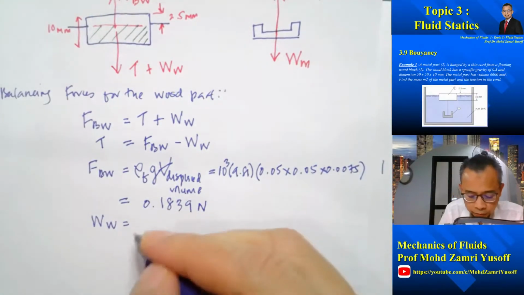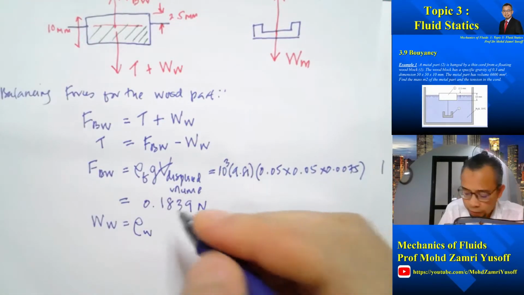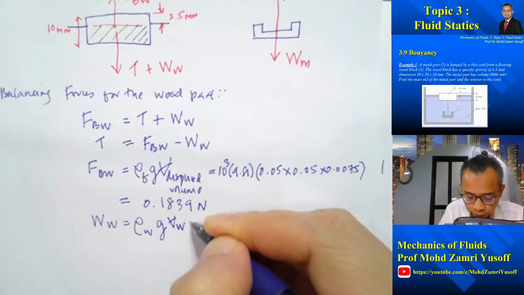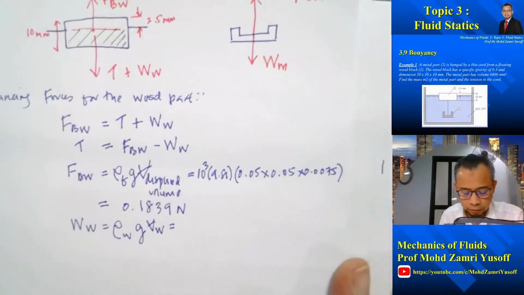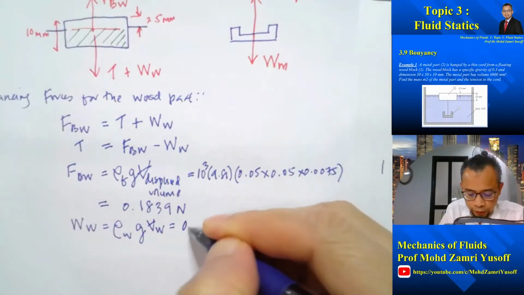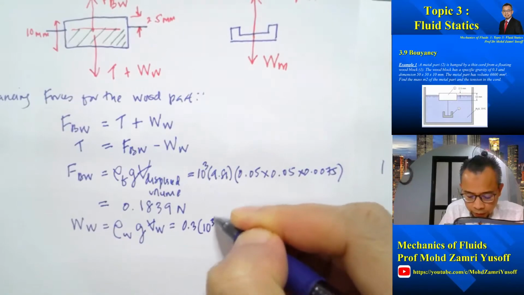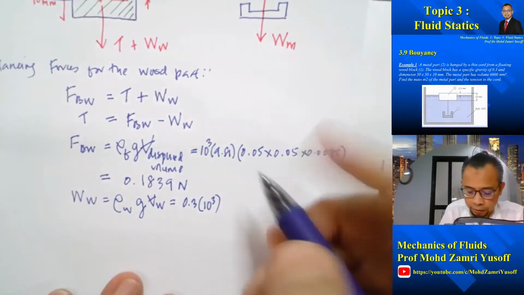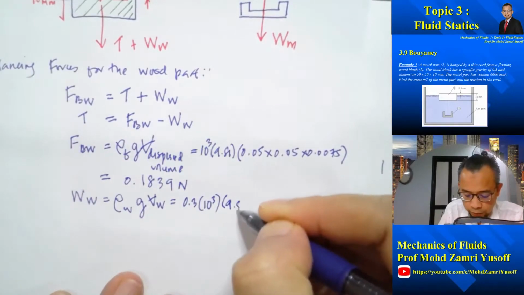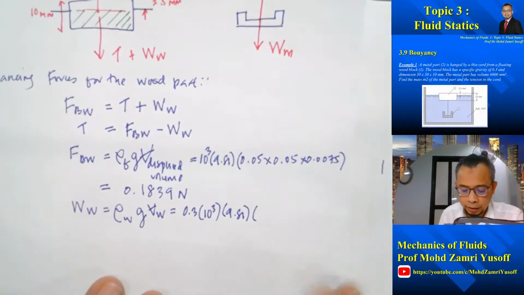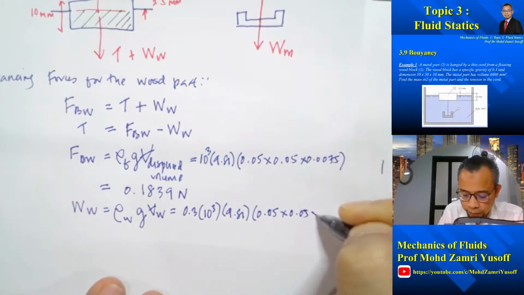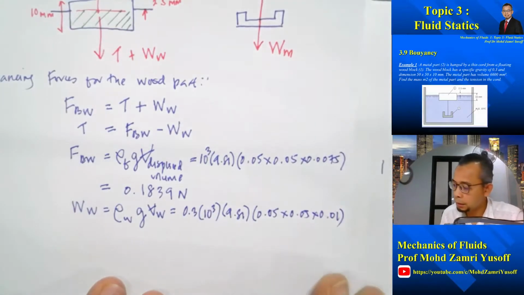Right. Now, what about the weight of the wood? The weight of the wood will be equal to the density of the wood multiplied by G multiplied by the volume of the wood. So the weight of the wood is 0.3 multiplied by 10 to the 3, where 0.3 is the specific gravity of the wood, multiplied by 9.81 multiplied by the dimensions of the wood, so 0.05 multiplied by 0.05 multiplied by 0.01.